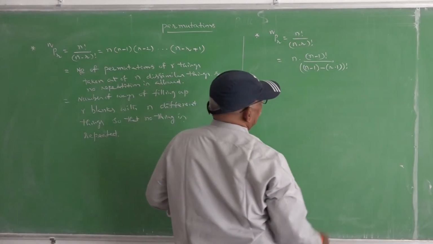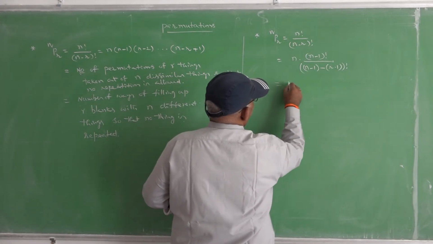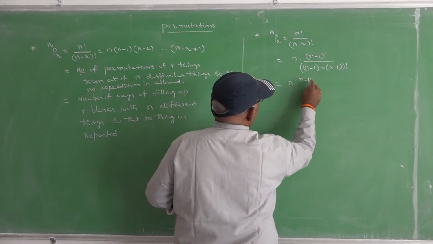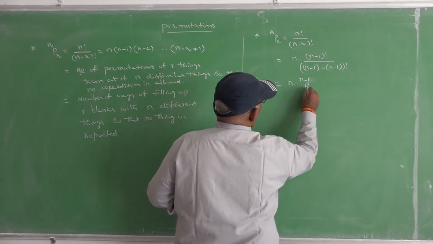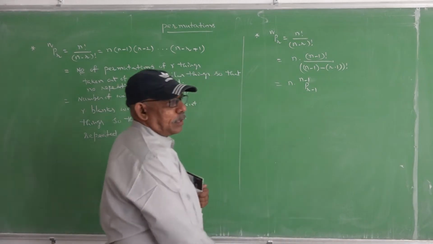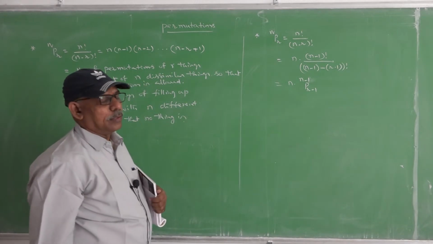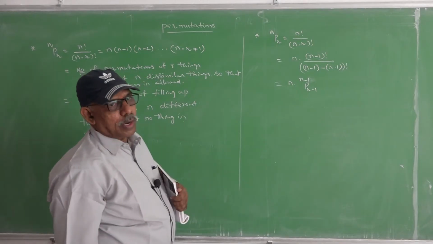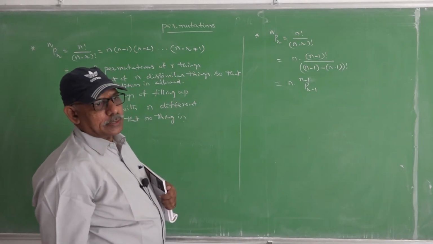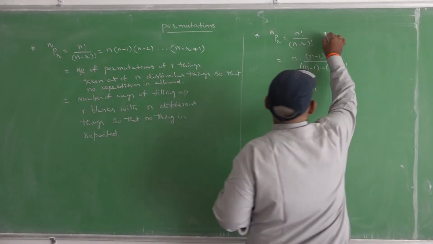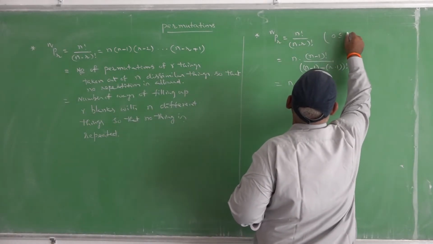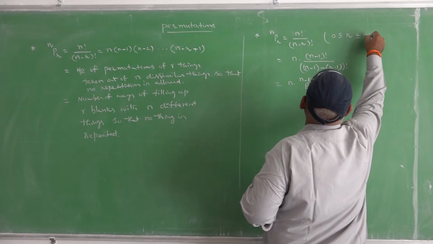This can be written in notation as n times n minus 1 P r minus 1. Of course, here r is always less than or equal to n. Both n and r are positive, where 0 is less than or equal to r, and r is less than or equal to n.